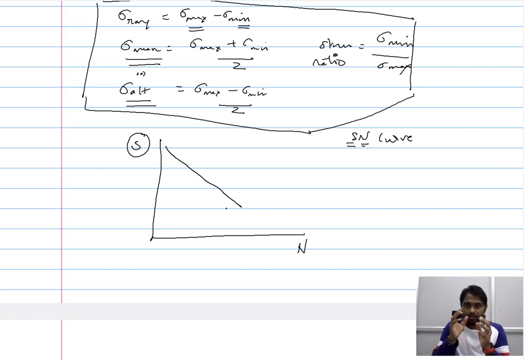Now, in some metals or alloys, it is possible that below a certain stress, the material is able to survive infinite cycles. Let me repeat.